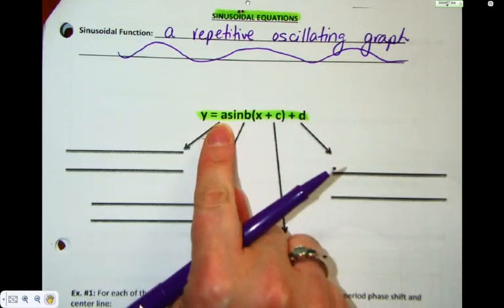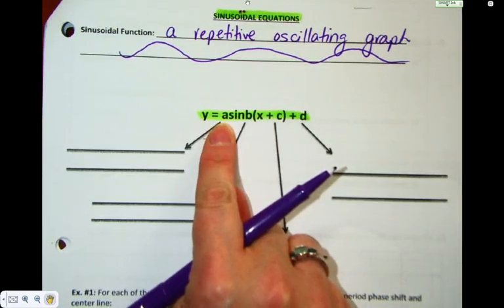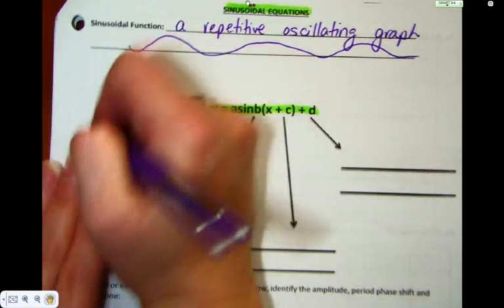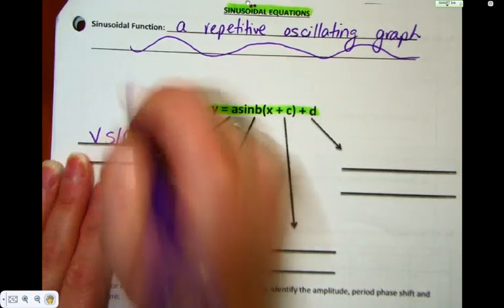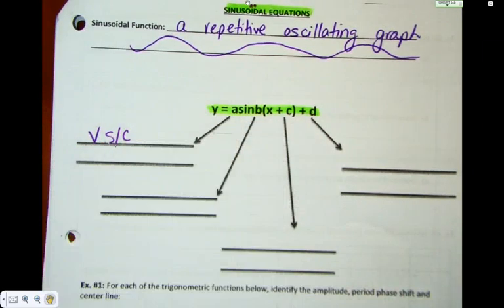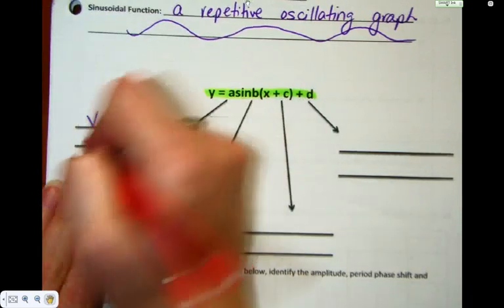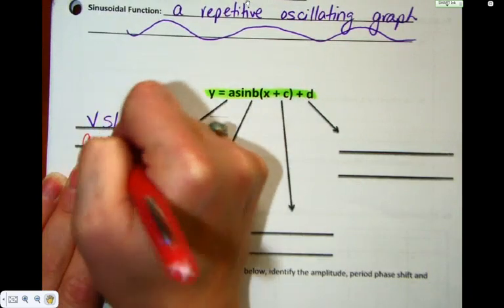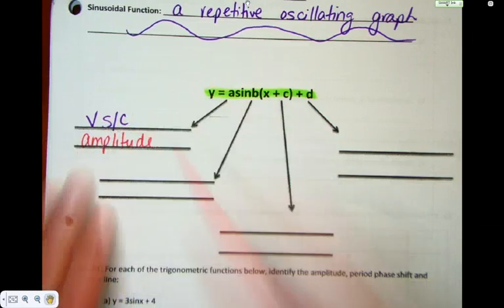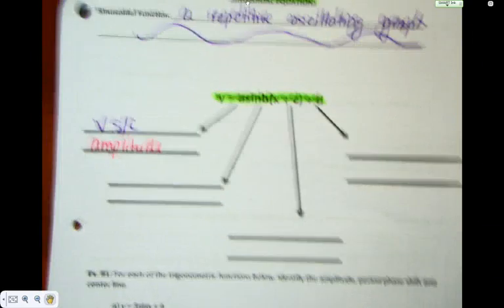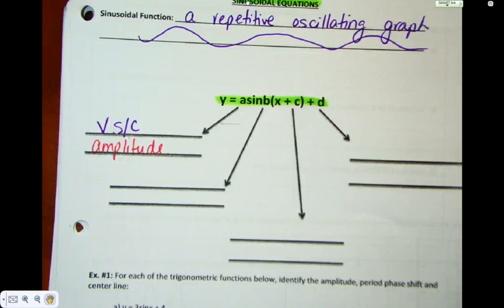Tell me what you know about A. What's a number that's in front of a function outside of the brackets? Vertical stretch or compression. We talked a little bit on Friday in terms of a sinusoidal function. We call this the amplitude. And that's just the height of a max or the distance to a min.